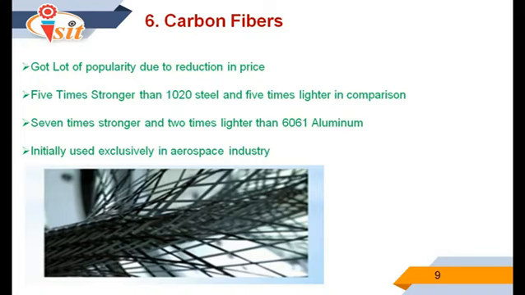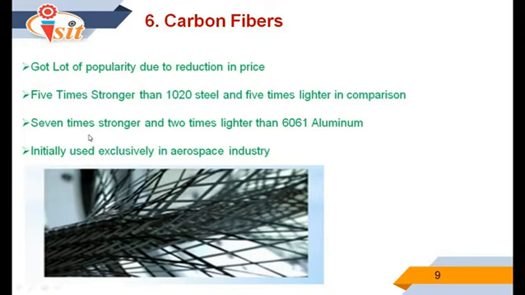Normally we get 3000 Newton per mm square strength. If a steel shaft or any steel application has 1 kg weight, then within 200 grams we can manufacture such a composite structure with the same strength.